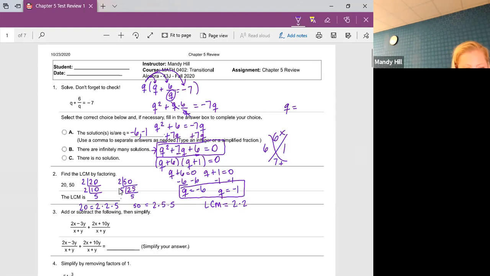I've also got a 5 to worry about, and 5's listed once here and twice here. So 5 times 5. And if we do that, we've got 100. We multiply that out. That's going to be our least common multiple. 100.